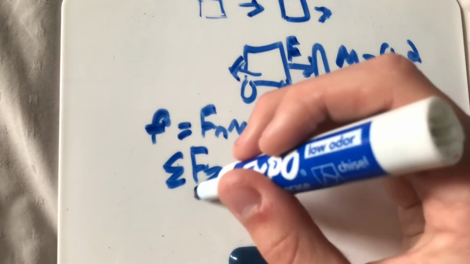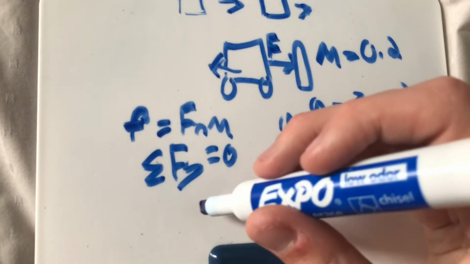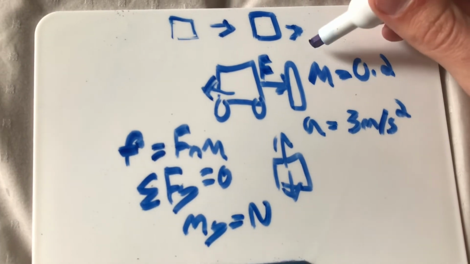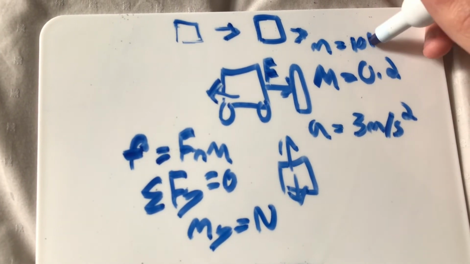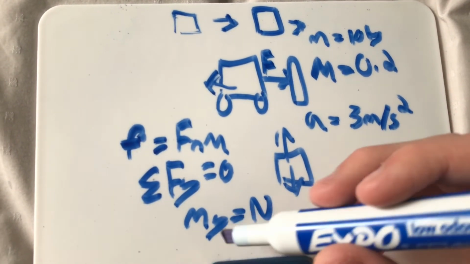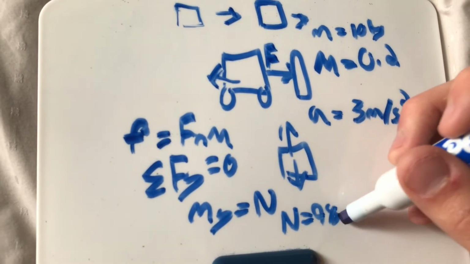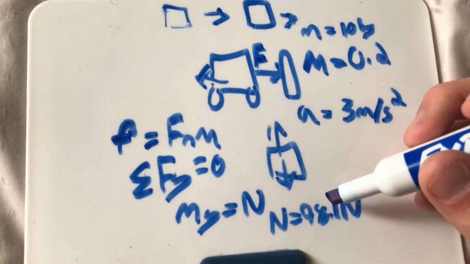Sum of the forces in the y equal to 0. We have mg is equal to the normal force. Mass, let's say, is equal to 10 kilograms. 10 times g, which is 9.81. We have N is equal to 98.1 newtons.